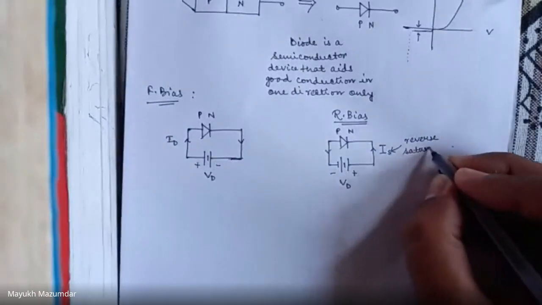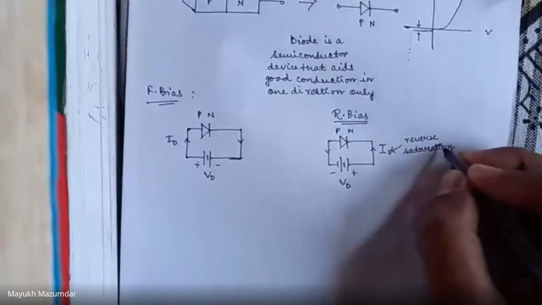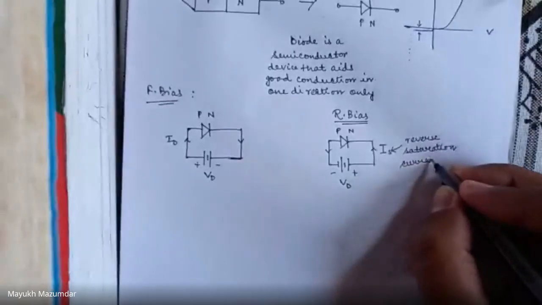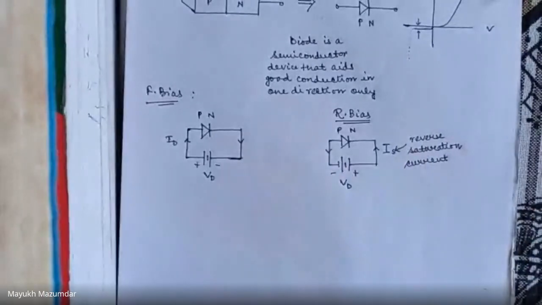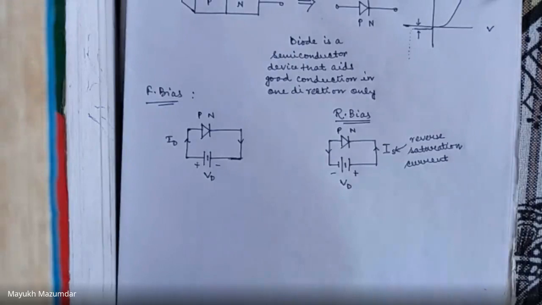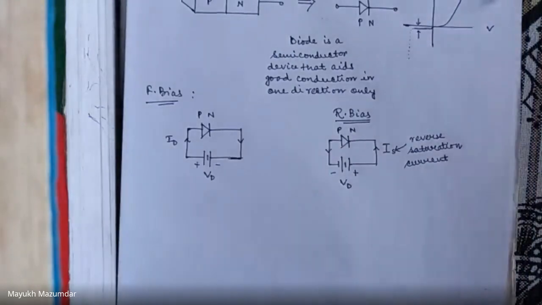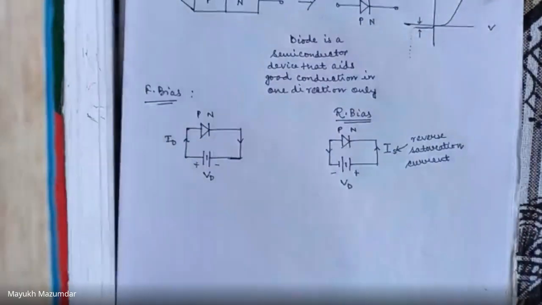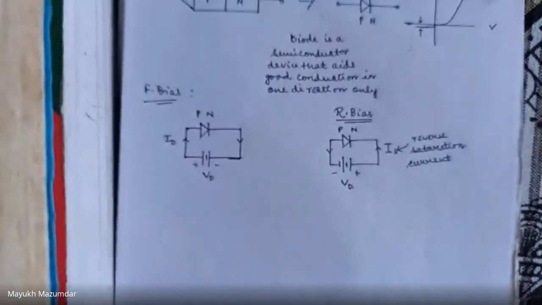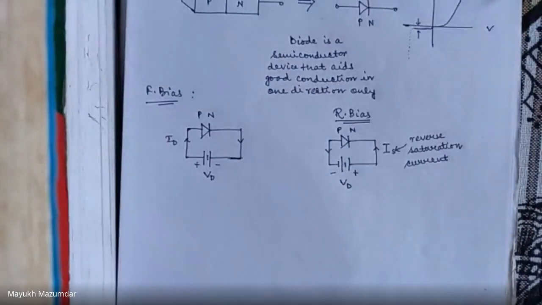Remember, everyone? Am I audible? Yes, sir. So there's a reverse saturation current. Can anyone tell me what is the source of this current? Why is it flowing? What causes this flow?